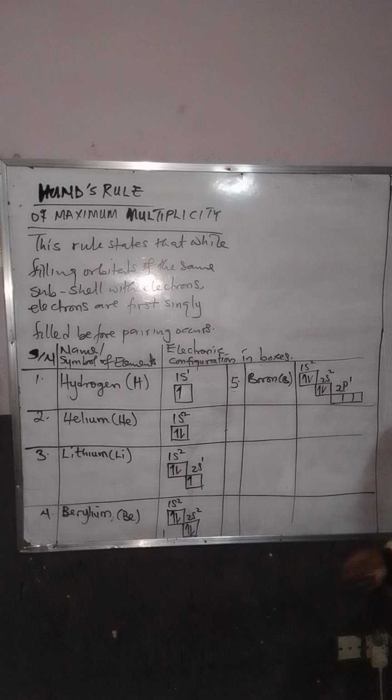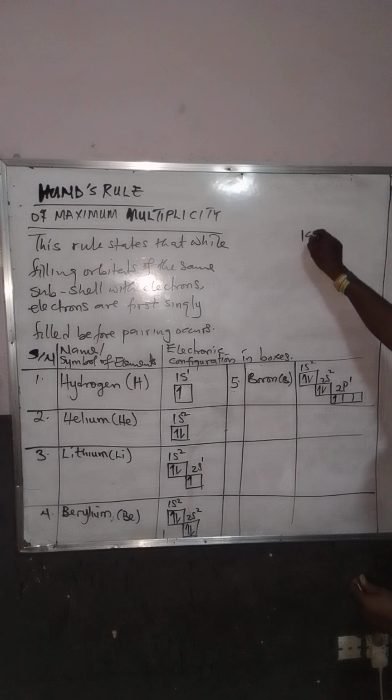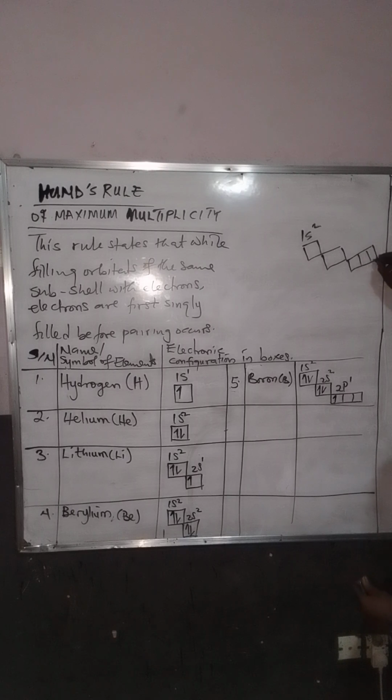And the rule says, while filling orbitals of the same subshell with electrons, electrons are first singly filled. So first of all, start from the first box. I've seen some questions before where they write something like this.